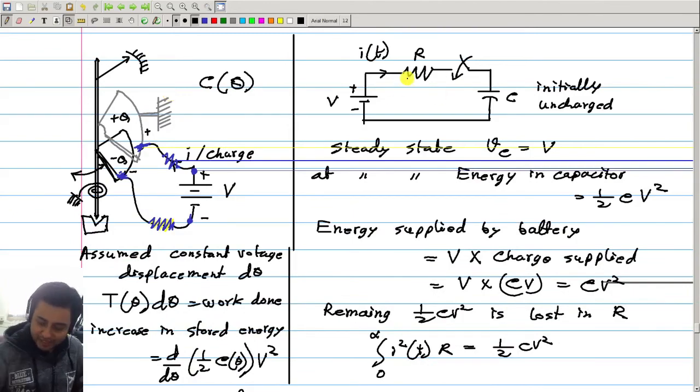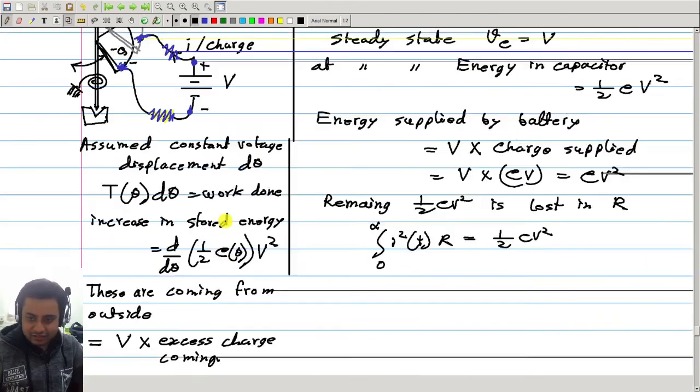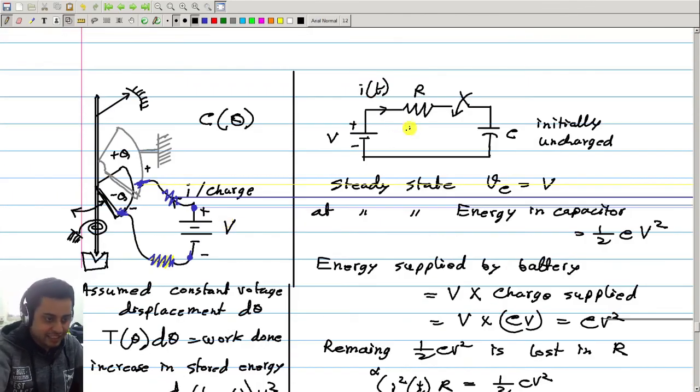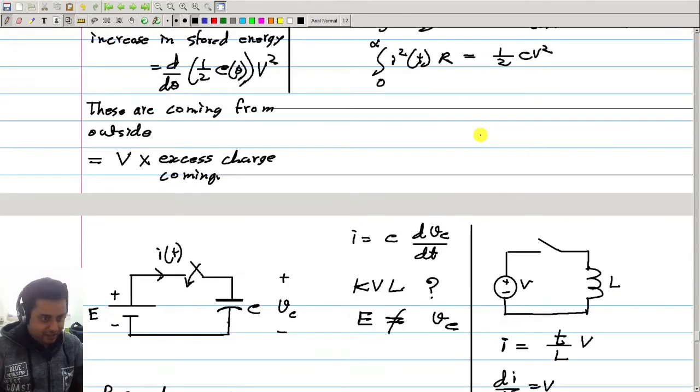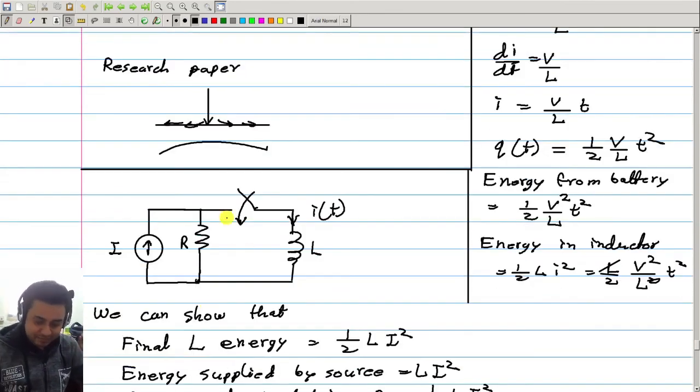This problem and that problem are dual. If you have any uncanny feeling about why we get this 50% efficiency, half energy lost, for a voltage source and capacitor, why is it not happening for an inductor? There is definitely a dual situation which is like this.